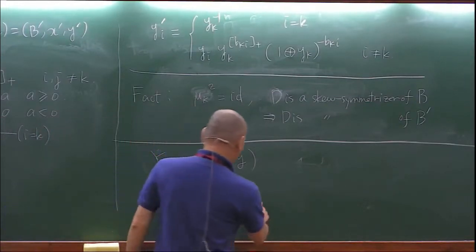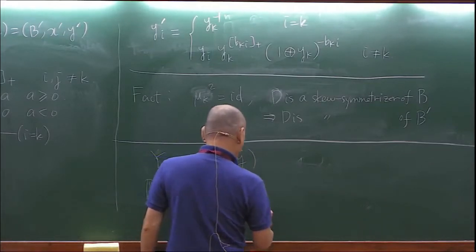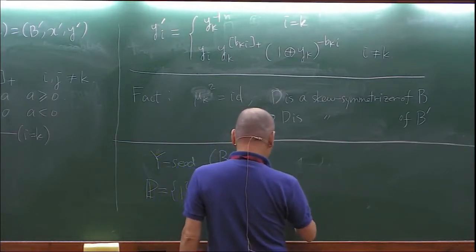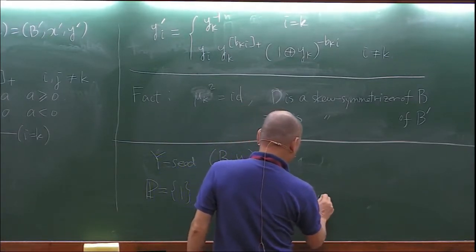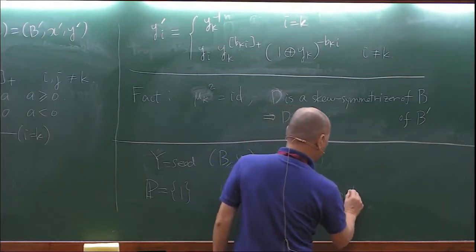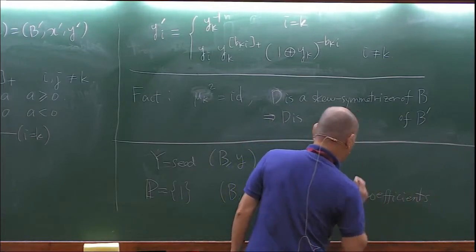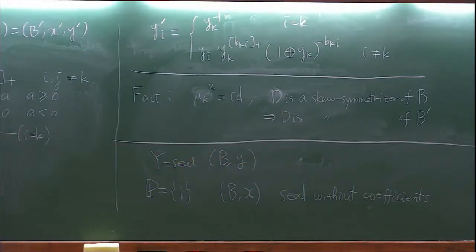This is the one which Jacob explained, and from this general point of view, this is called a seed without coefficients. And from this point of view, the earlier seed is called a seed with coefficients in P, because the y variable is considered as a coefficient.